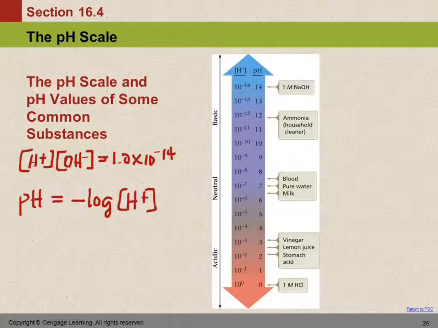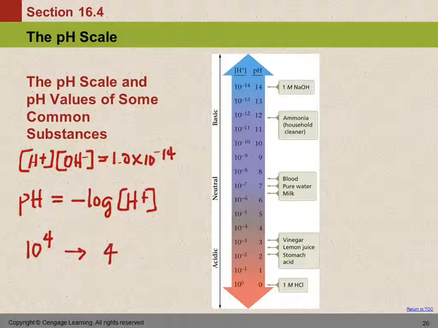Negative log is not anti-log. You take the log of the hydrogen ion concentration and you change the sign. It's just a negative sign. If you take the logarithm of 10 to the 4, the log of that is 4.